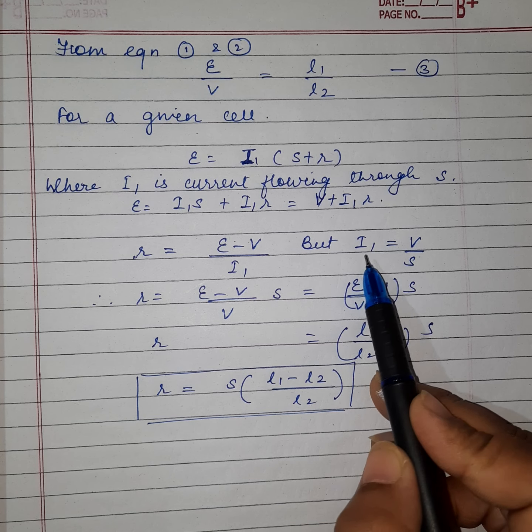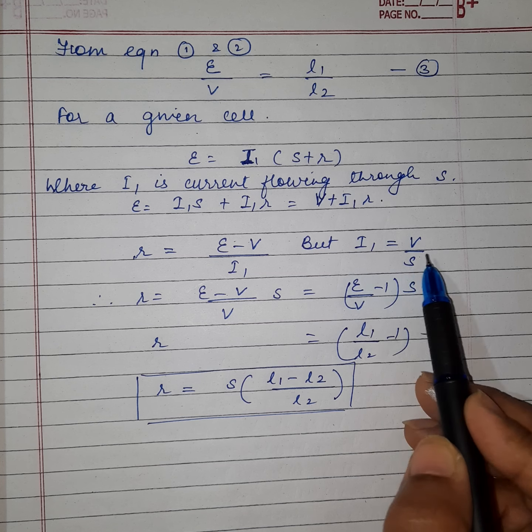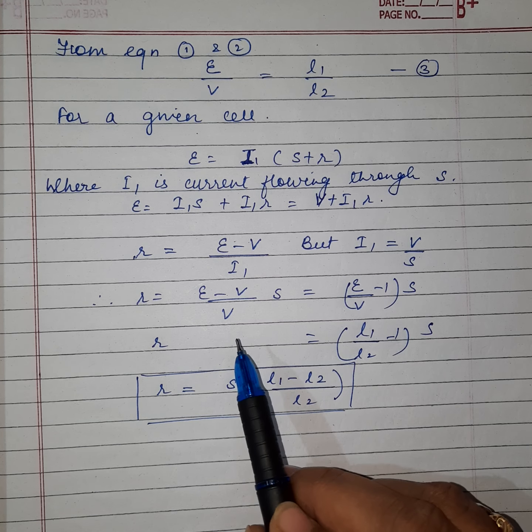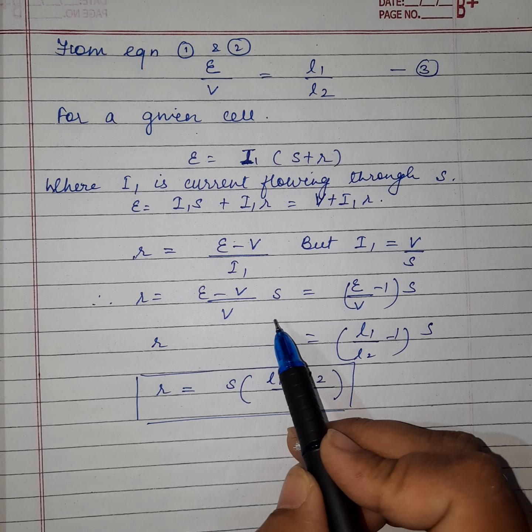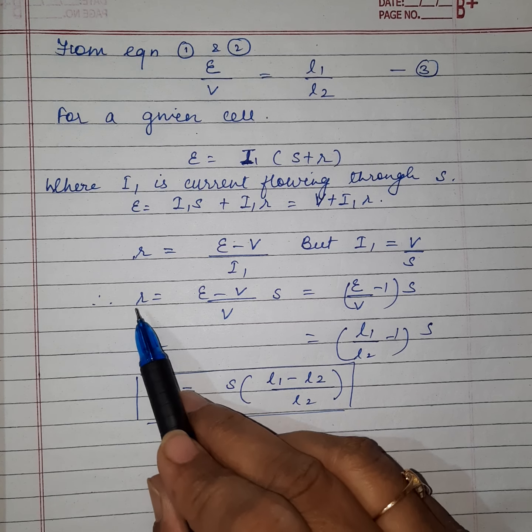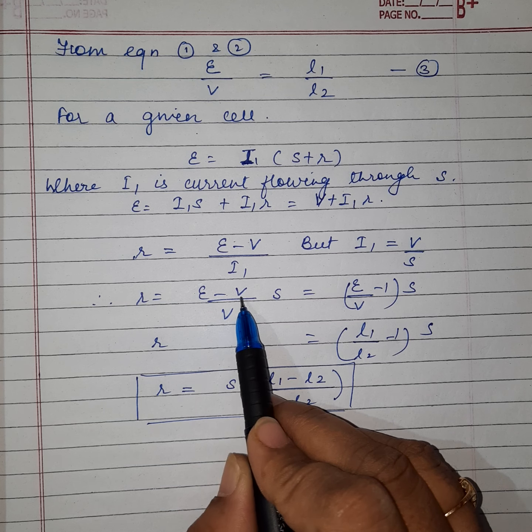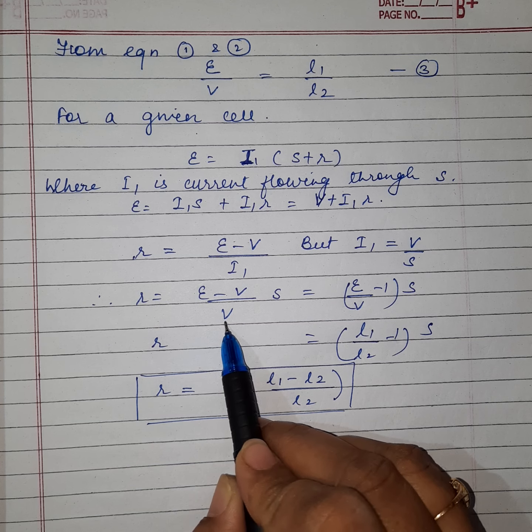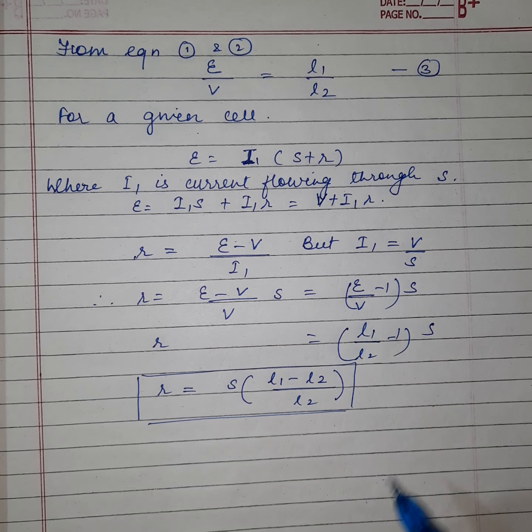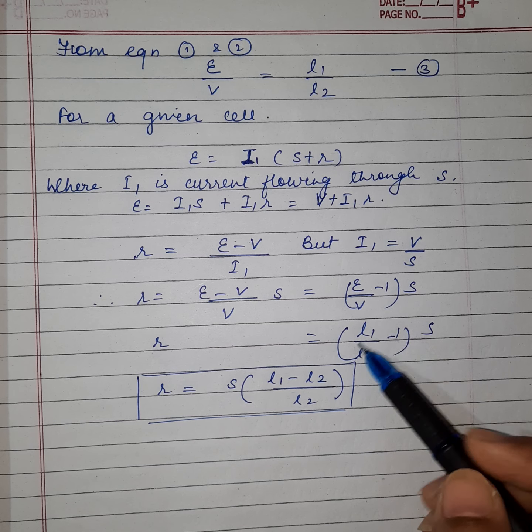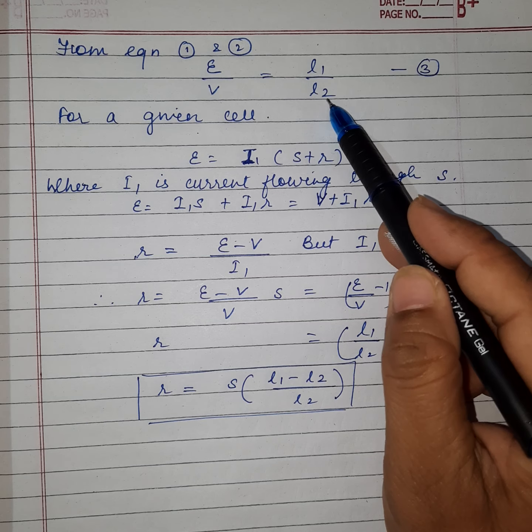But we know that current I1 is equal to V upon S, right? So putting the value, r equals epsilon minus V upon V into S, or epsilon upon V minus 1, into S. Again we'll substitute the value of epsilon upon V from this equation.